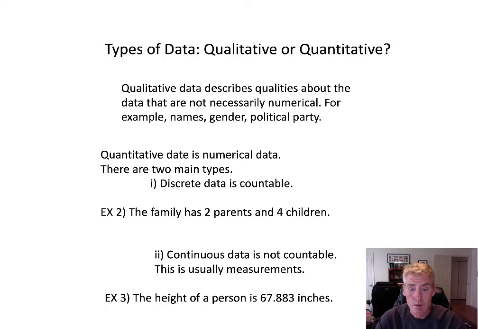There's nothing in between. With continuous, it continues. One person could say they're 67 inches tall, the other one's 68. If you accurately measure, is it possible there could be something in between 67 and 68 inches tall? The answer is yes. For example, 67.883.